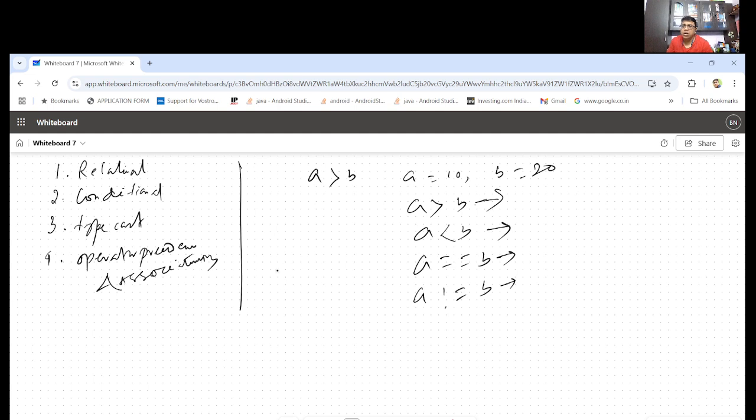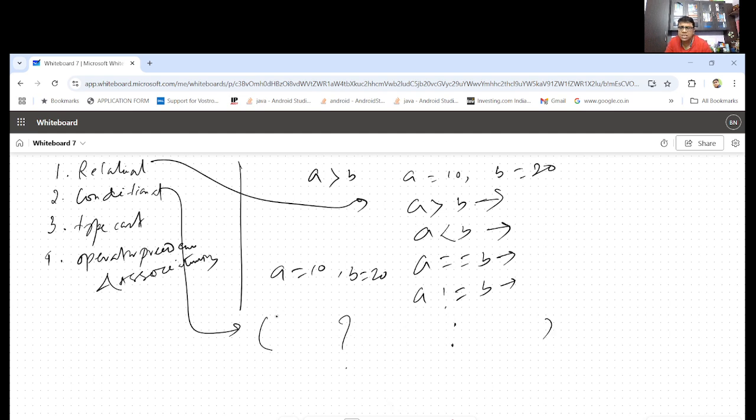So conditional expression. Suppose you write A is equal to 10 and B is equal to 20, right? Conditional operator, like this, question mark and colon. This is the conditional operator. If A greater than B is true, then it will give the result 1.